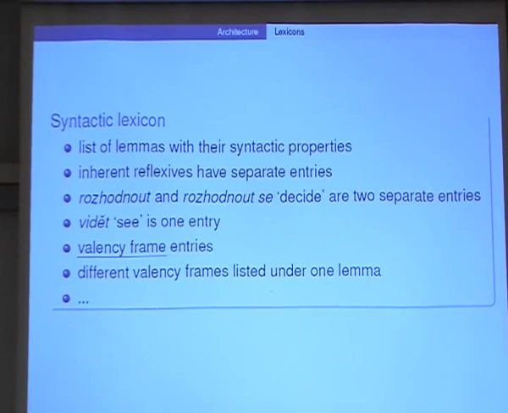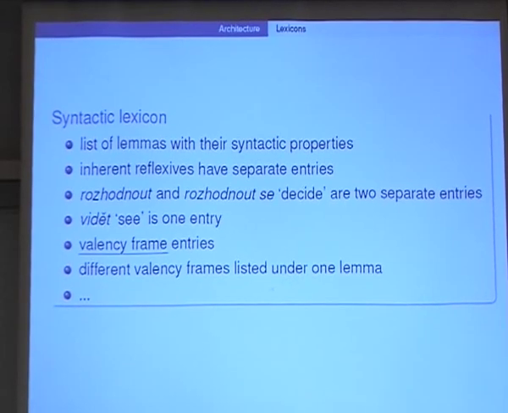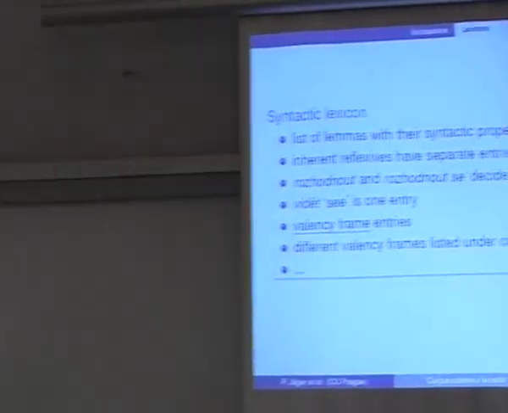Unlike vidět, which is one entry, although it can have different frames assigned to it. In this lexicon, a very important part is constituted by valency frame entries. From individual verbs there are links to these entries, in case, for instance, that a verb has more valency frames.